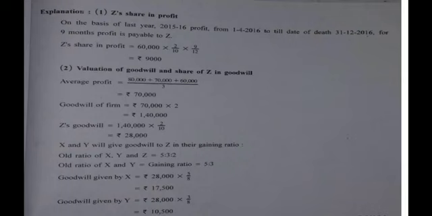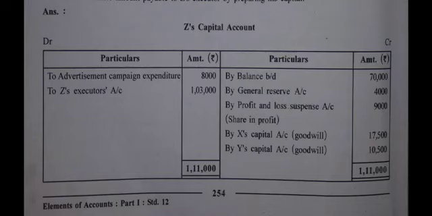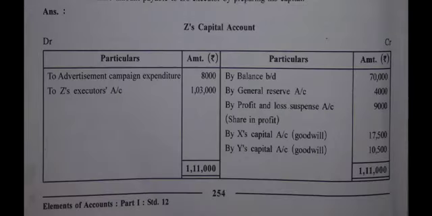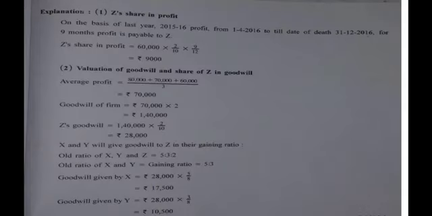So what is average profit? 70,000, and they say it is to be valued twice. So into 2. 70,000 into 2. So the value of goodwill is 1,40,000. This is the value that we have obtained.